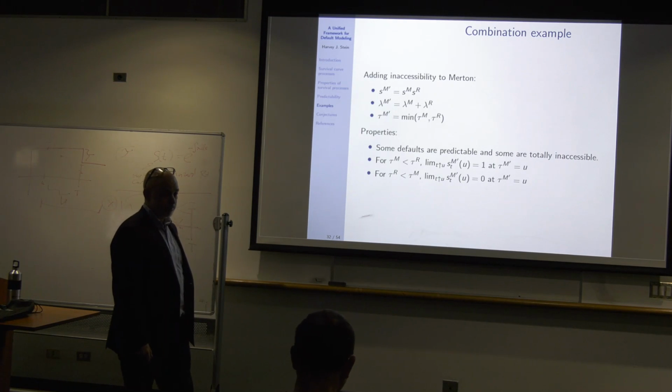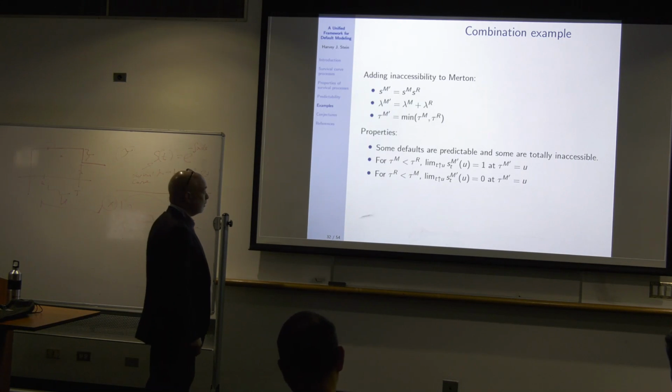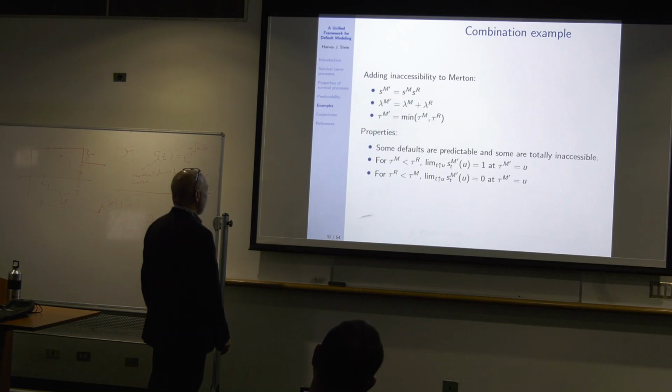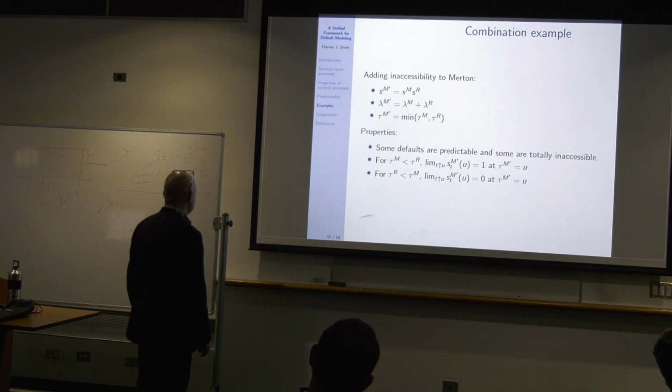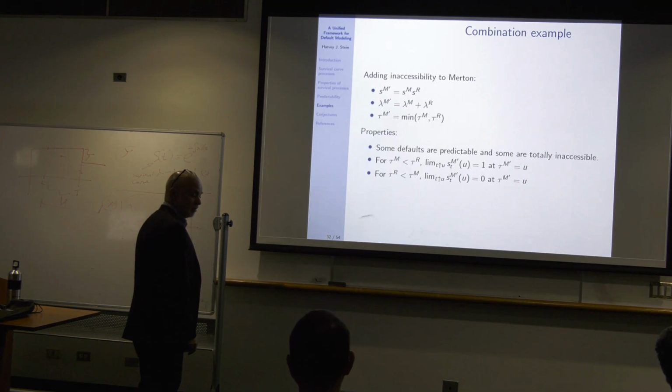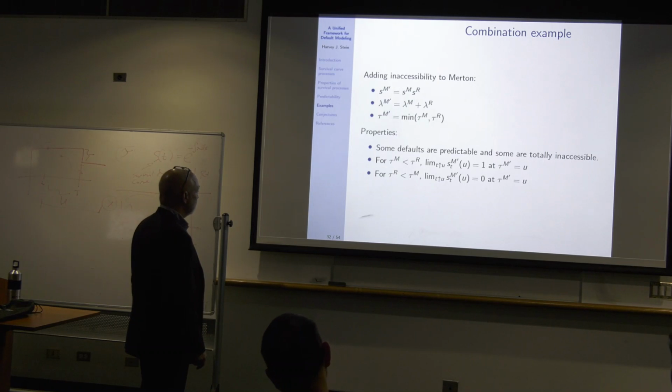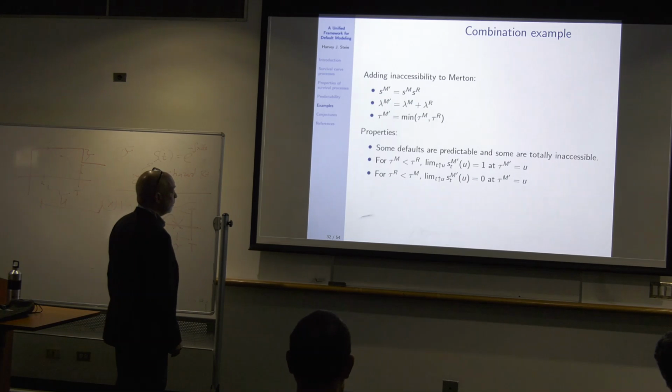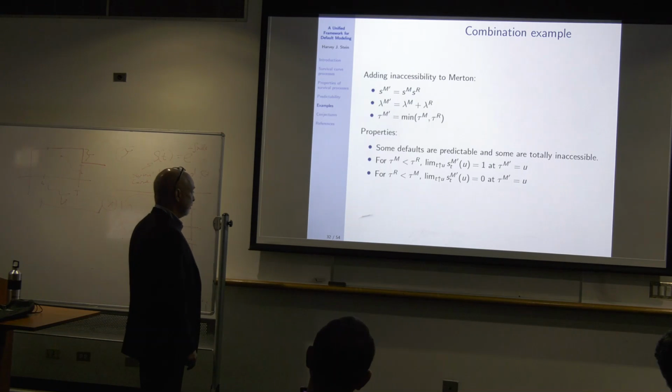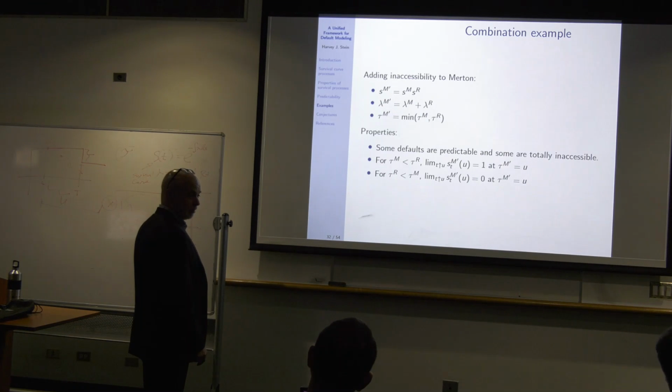You could say that you're basically doing an exogenous specification of tau, and the Merton part is just how Merton ends up figuring out the distribution of tau in his model. Okay, so I just want to make that point.